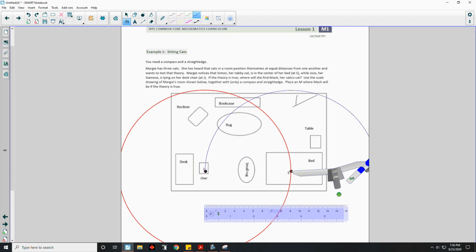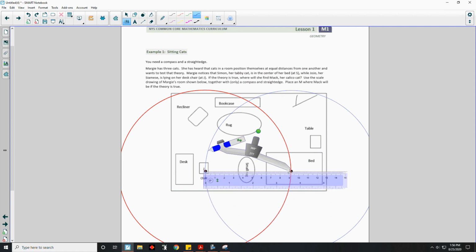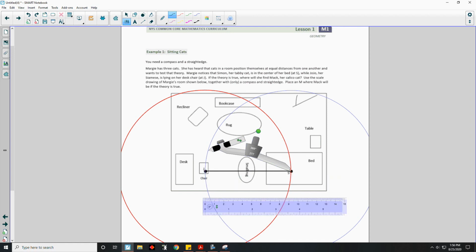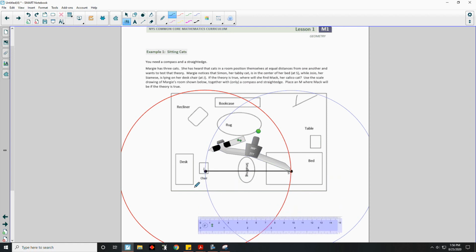And then if I draw a circle around like this, what I've just done is made two circles with the same radius, which is a distance SJ. So if I drew a segment here from J to S, that would be the radius of both the red circle and the blue circle.